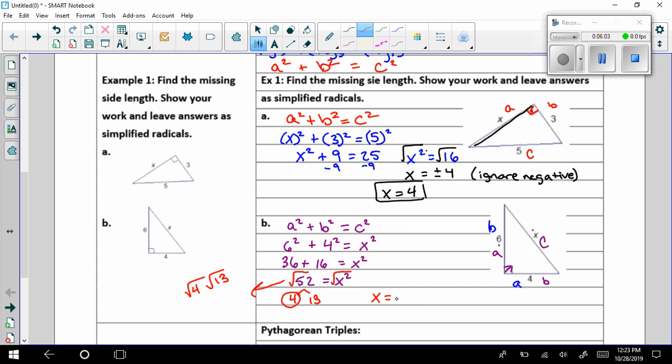So x equals 2 times the square root of 13 because that does not have a square root. So look for perfect squares that go into your number when you're doing that. Okay, so 13, excuse me, 2 root 13 is the length of this side.